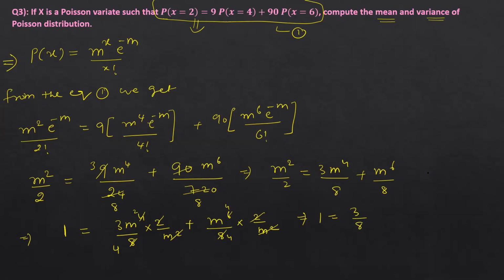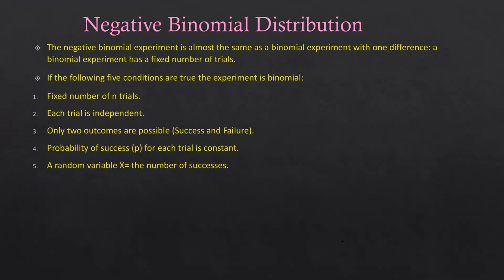Sorry, not 3 by 8, I'm sorry, 3 by 4. 3 by 4 m square plus 1 by 4 into 6 has cancelled out, so it becomes m power 4. So this implies now 4 you can take this side, so 4 is equal to 3m square plus m power 4. So I will go to the next page.